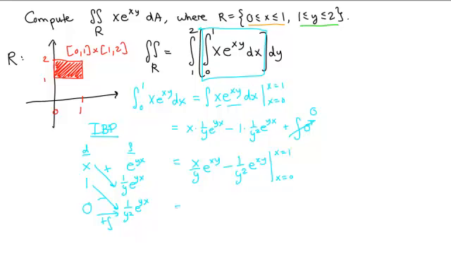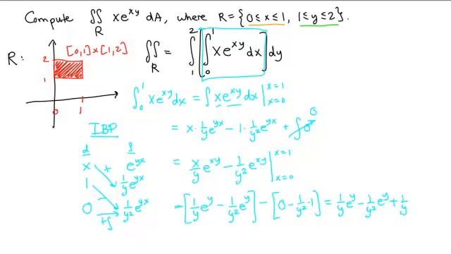If we plug in x equals 1, we're going to get 1 over y times e to the 1 times y, minus 1 over y squared times e to the 1 times y. If we plug in 0, we're going to get 0 minus 1 over y squared times e to the 0, which is 1. And so that gets us a grand total of 1 over y e to the y minus 1 over y squared e to the y minus negative 1 over y squared.